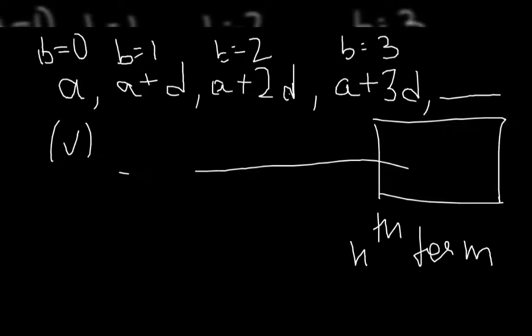Now if you can see very clearly, at the first term it is 0, at the second term it is 1, at the third term it is 2, at the fourth term it is 3. So I can say b at the nth term will be n minus 1.